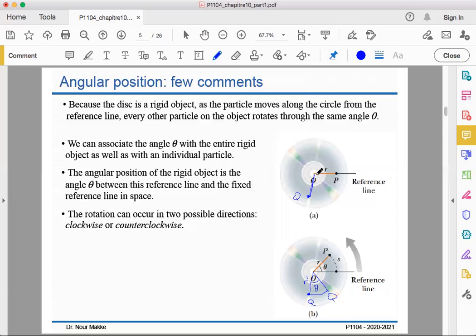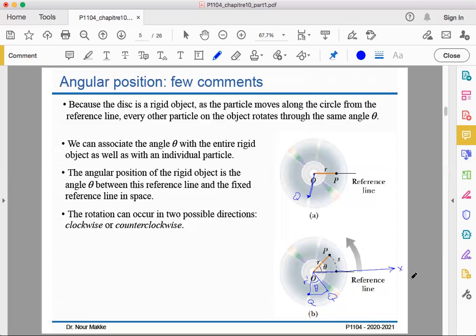So this reference line, that we called this in orange, is the line between the origin, which is the axis of rotation, and the point we are looking at. And the fixed reference line is usually taken to be this line, which coincides with the x-axis directed in the positive direction, so to the right.